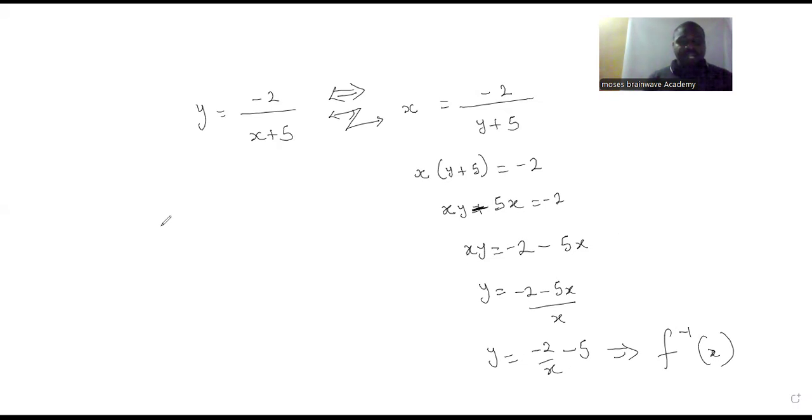Lastly, let's just take this one. y is equal to x minus 1 upon x plus 3. Switch x and y. So I'm going to get x is equal to y minus 1 upon y plus 3.